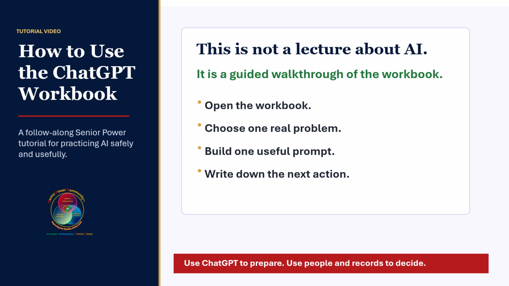That is the Senior Power approach. Use AI to prepare, use people, records and qualified professionals to decide. And remember, information plus knowledge always equals senior power.